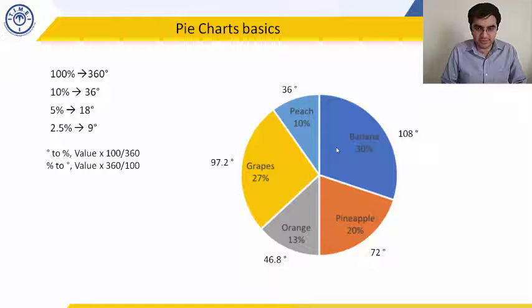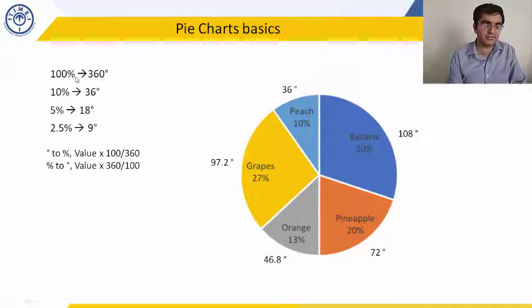Since this is a circle, the sum total of the central angles, these angles, is obviously going to be 360 degrees. And so 100% corresponds to a total of 360 degrees. So 10% corresponds to 36 degrees.